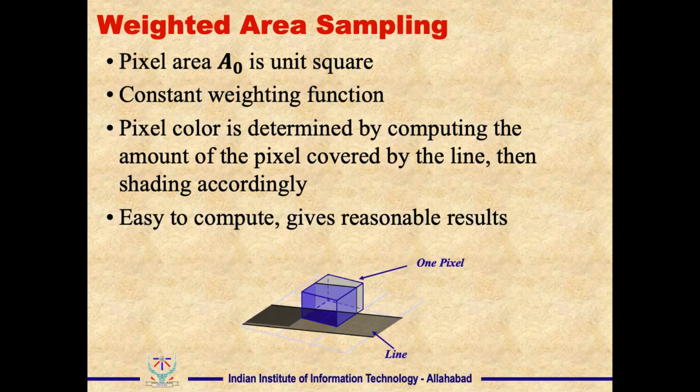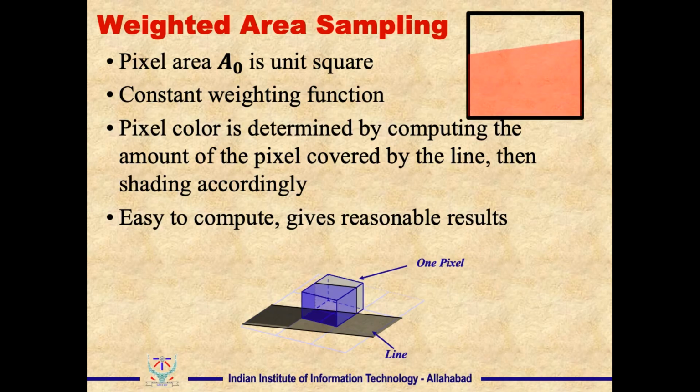So if I take the pixel area A naught as a unit square and assume it to have a weight of 1, we could weigh the line.